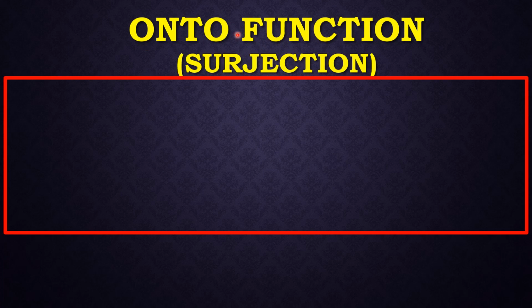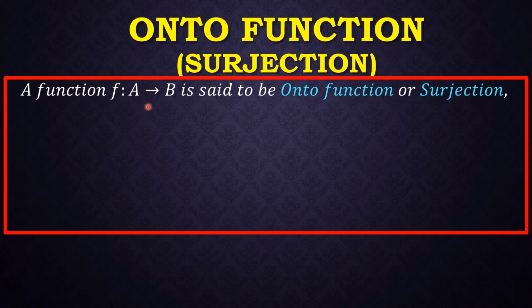Now the next definition is onto function. Another name of onto function is surjection. Now here we can take one function, that is f is mapping from A to B, which is said to be onto function or surjection.